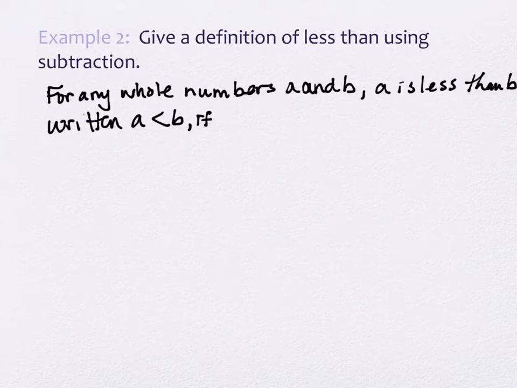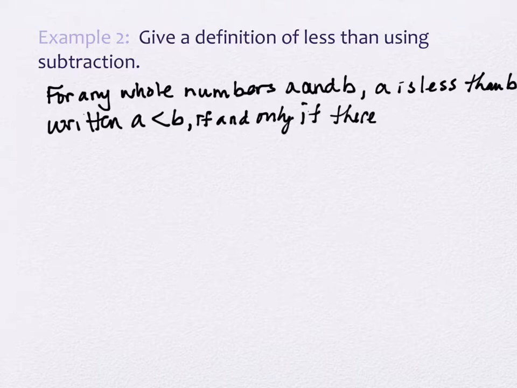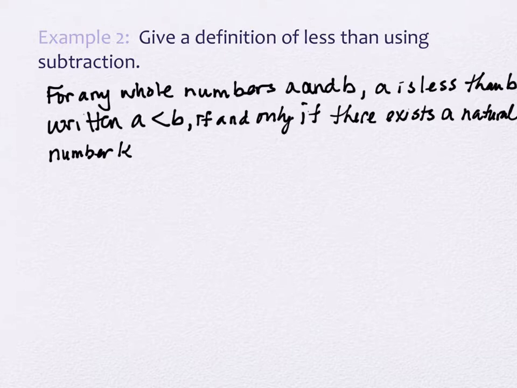So this is if and only if there exists a natural number k such that a is equal to b minus k.